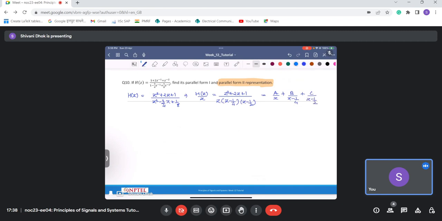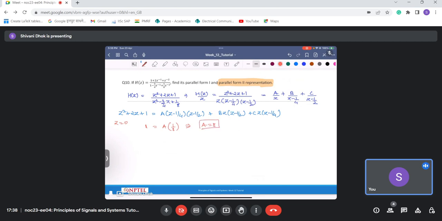So what I have is z^2 plus 2z plus 1 is equal to A into (z minus 1/4) into (z minus 1/2) plus Bz into (z minus 1/2) plus Cz into (z minus 1/4). So let's say z is equal to 0, then I have 1 is equal to A into (minus 1/4) into (minus 1/2), so this is 1/8, which means that A is equal to 8.